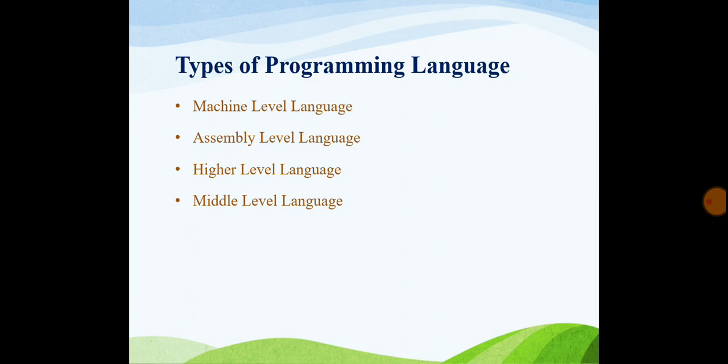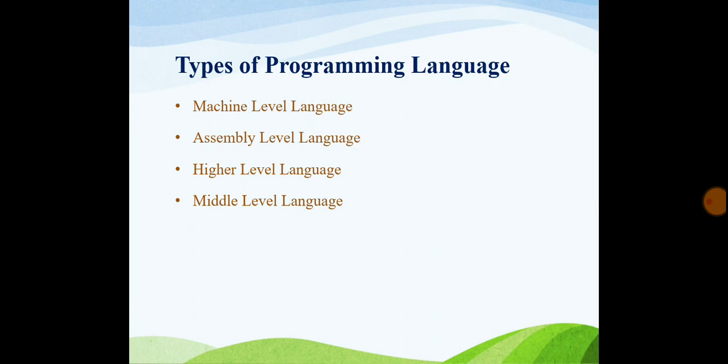If the current is not flowing, then we can say it is 0. In general, 1 stands for something which exists and 0 stands for something which does not exist. So this binary language is easy to create at the hardware level.